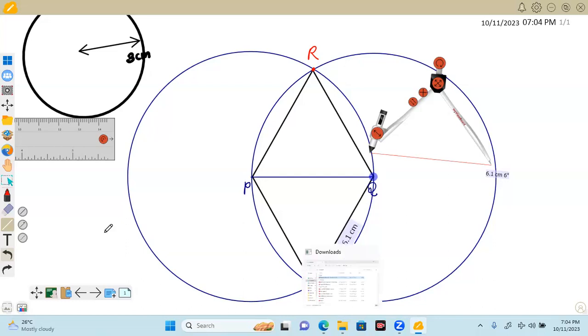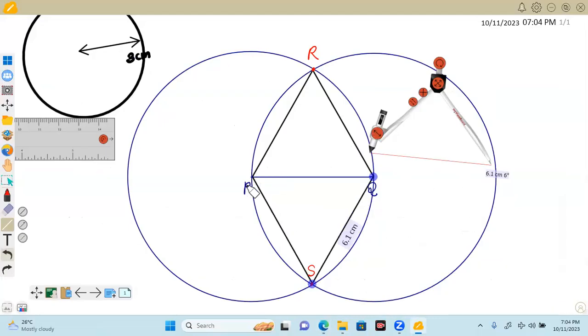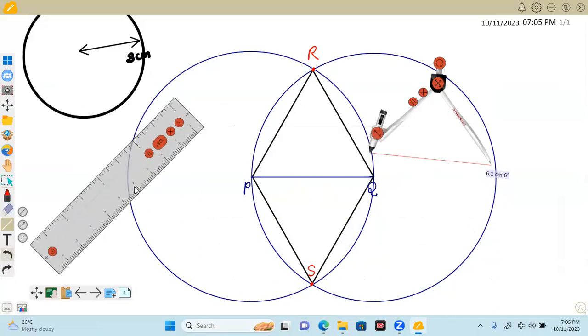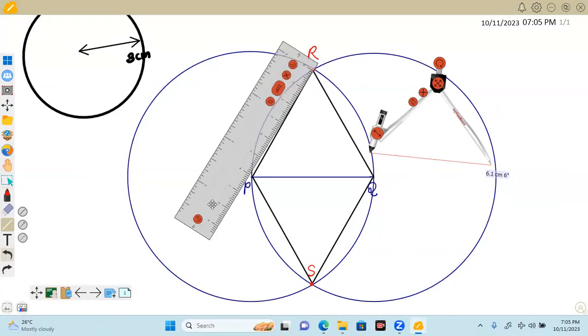Then they asked what type of triangle PRQ is when classifying triangles according to their sides. Look at the side lengths of PRQ. This one is 6 centimeters.